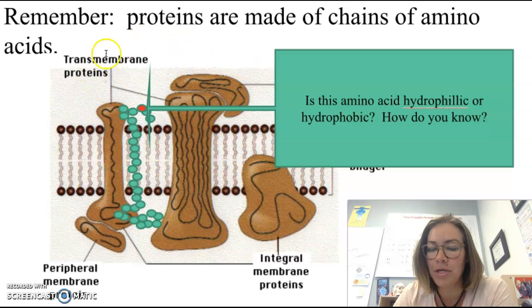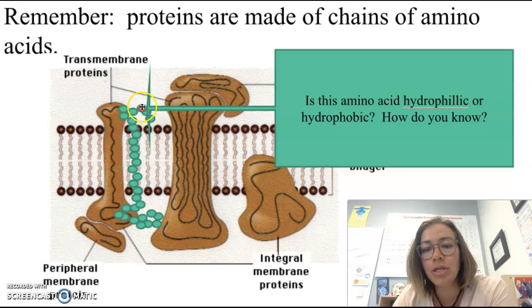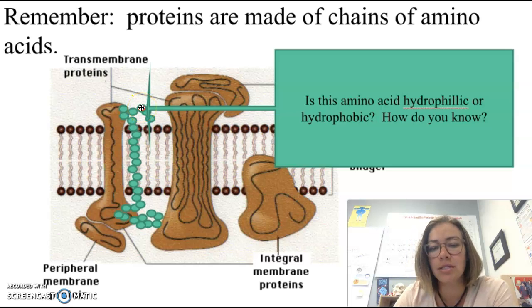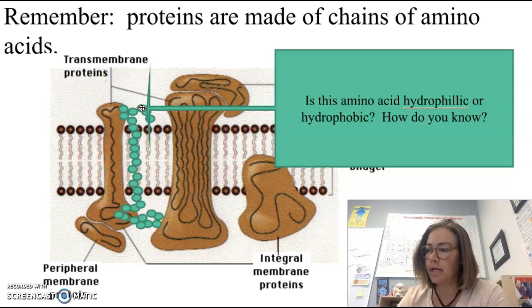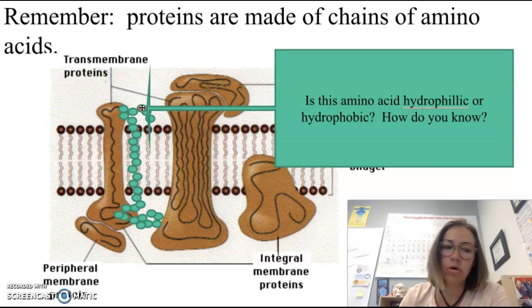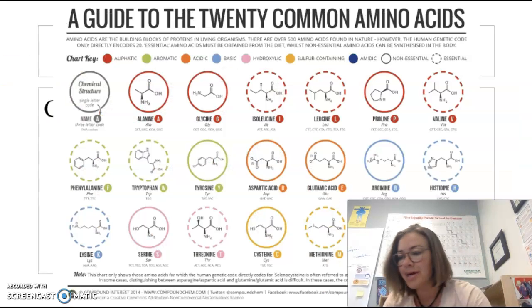This is a very aqueous environment. We have water here all the time. We're going to assume that it's probably hydrophilic. So that means that it's either electrically charged in some manner, or it is going to be a slightly polar molecule.